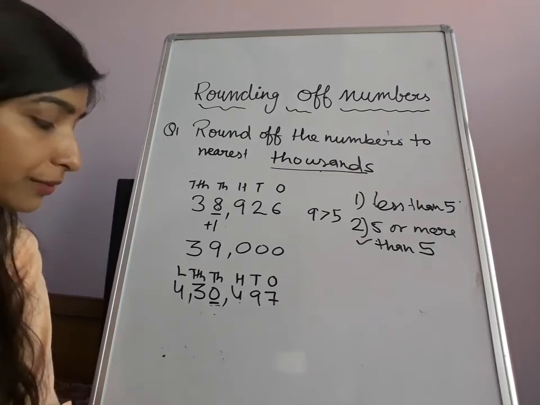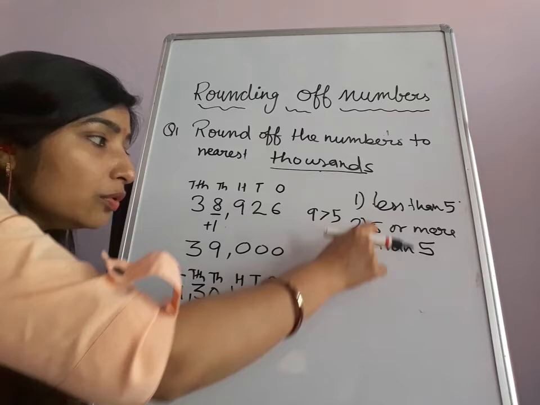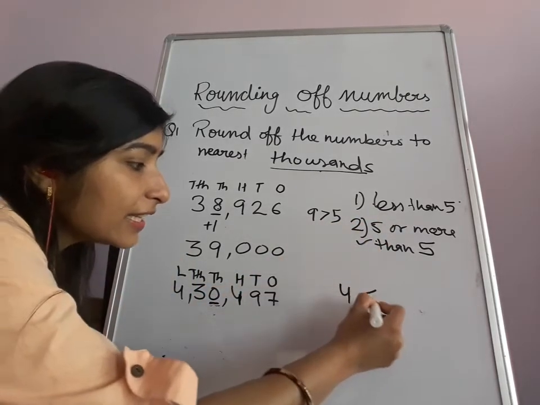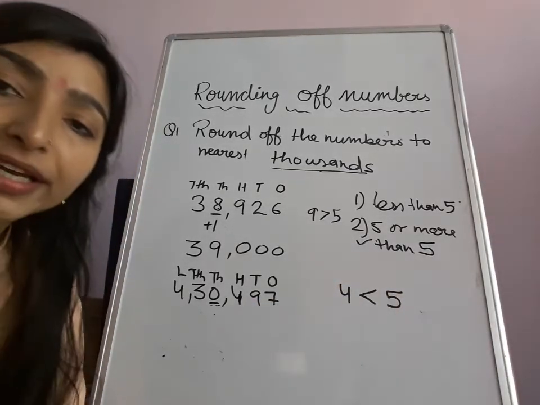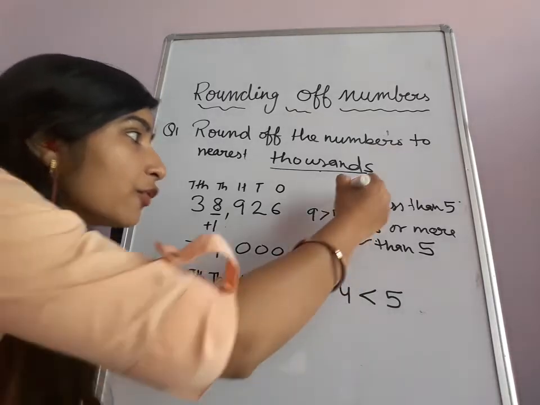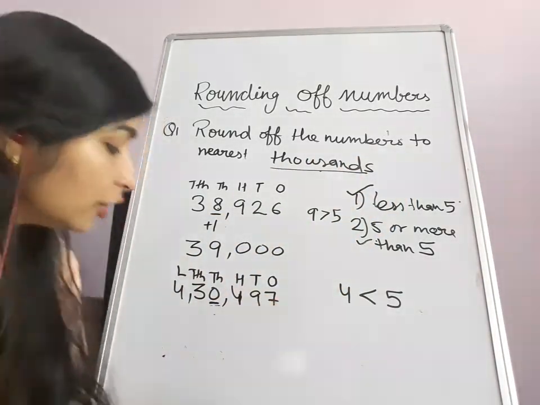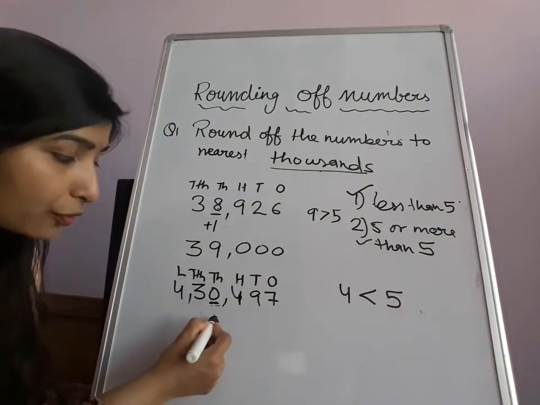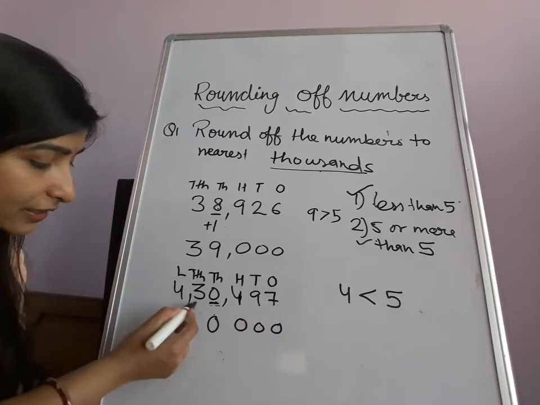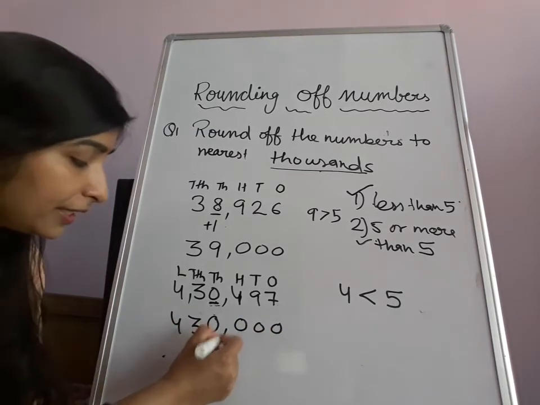Then you have to compare the 100 place with these two conditions. So the 100 place is 4 and 4 is less than 5. So first condition, and in the first condition we never add 1. So this 0 remains the 0, and these 3 digits become 0 and the left side digits will be the same.